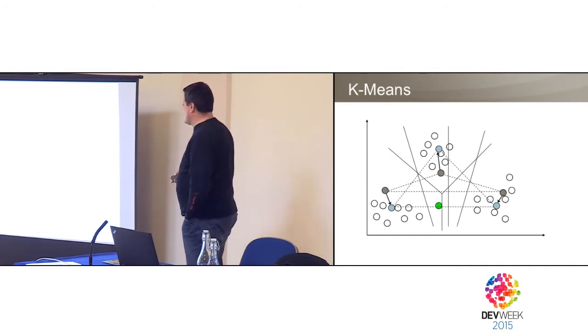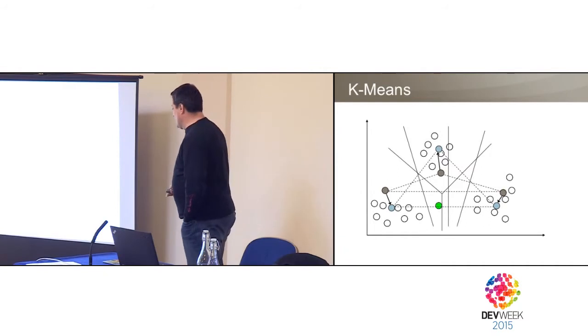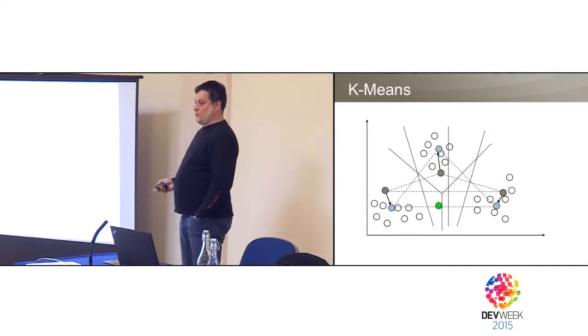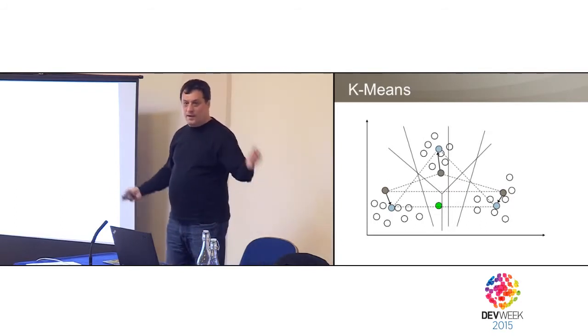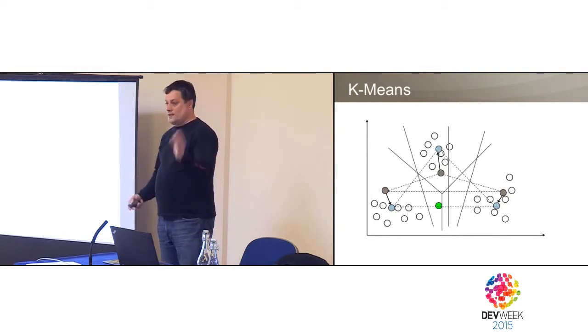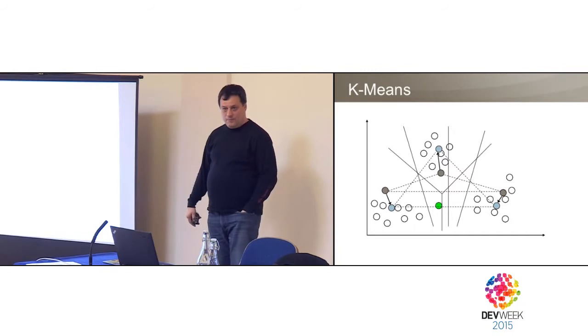But now I have clusters, so I can recalculate the means. And the centroids move. So when I recalculate the clusters, this green case is associated with the bottom left cluster. Now I recalculate the means, recalculate the clusters, and the green case doesn't jump from cluster to cluster. So we are there, we are finished.